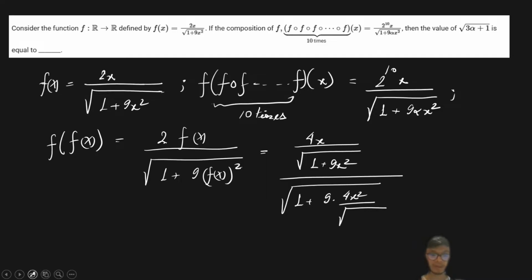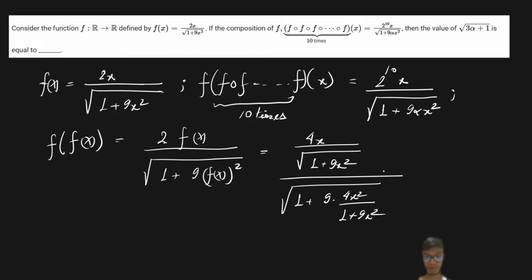The square root won't be there in the inner part, correct. So this is going to be 1 plus 9x square over 1 plus 9x square.